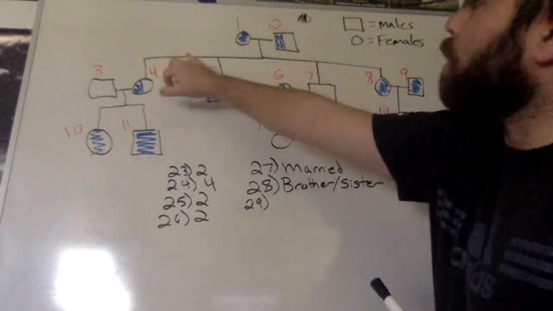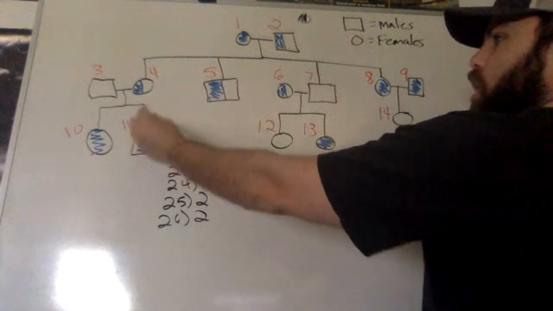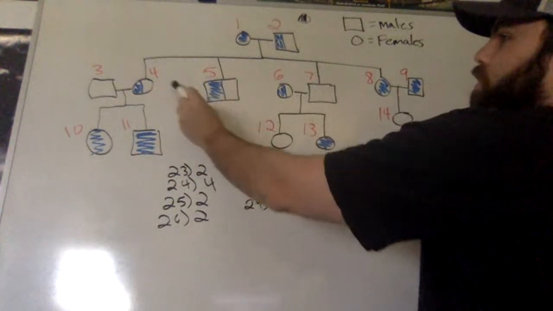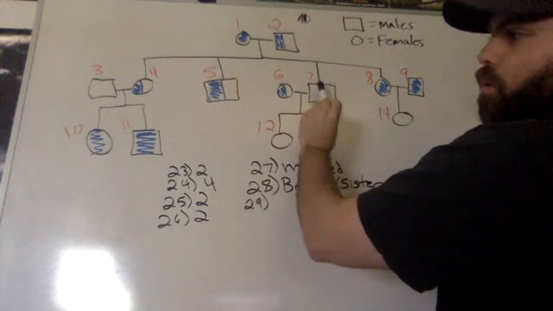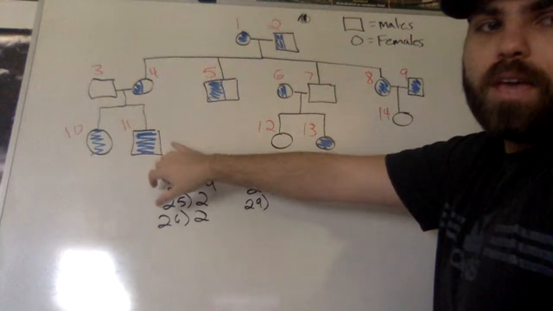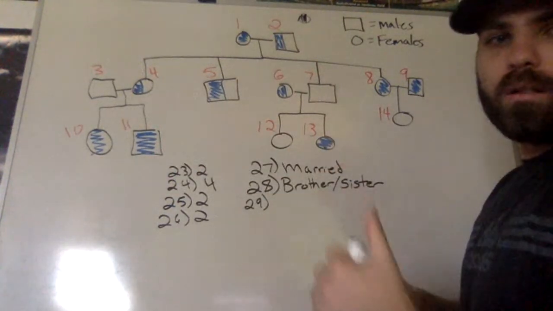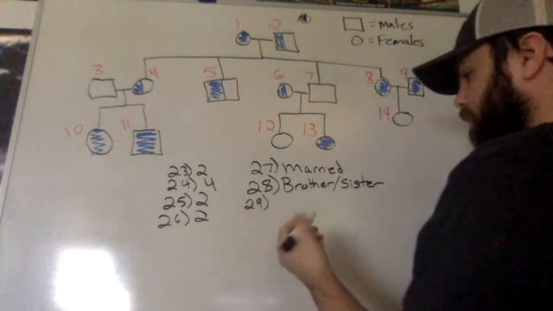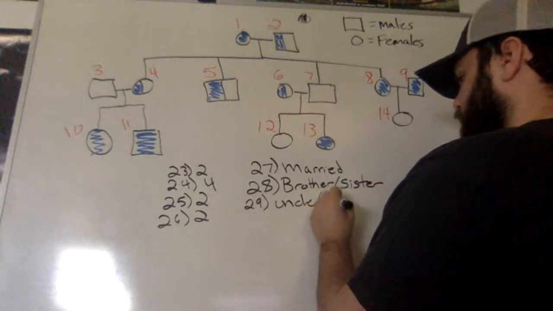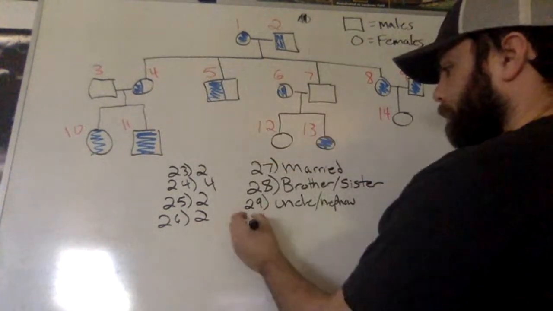If you go back up again, these are all the siblings. So this is your mom, this is one of her brothers, this is another one of her brothers. So what is the brother to you if you are this male? It's basically going to be uncle. Uncle and nephew.